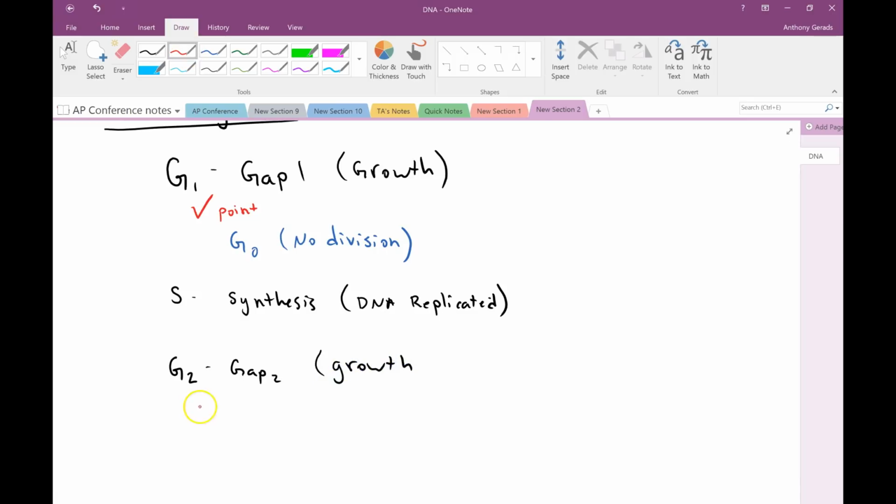And then I'm going to have another checkpoint. It's going to make sure everything was good. If it is, it's ready to go for division. So all of that stage collectively is known as something. Do you remember what it's known as? Interphase. Known as interphase.